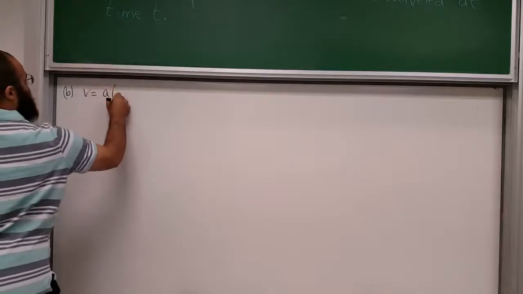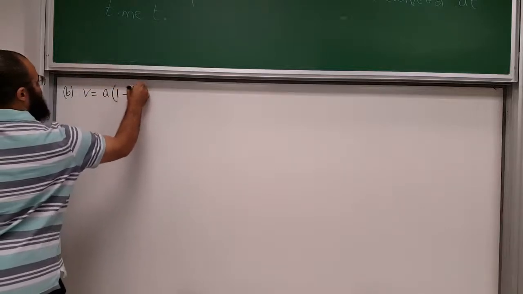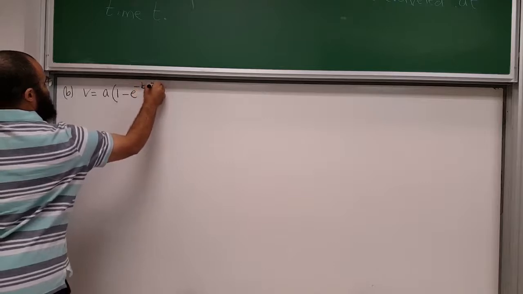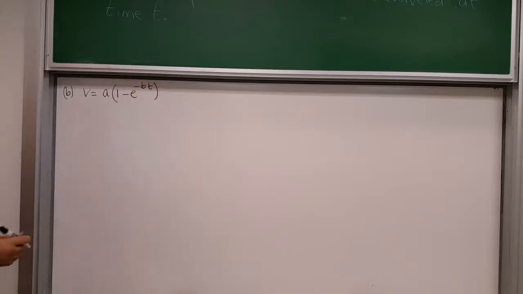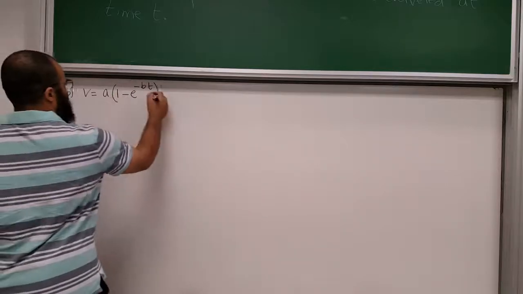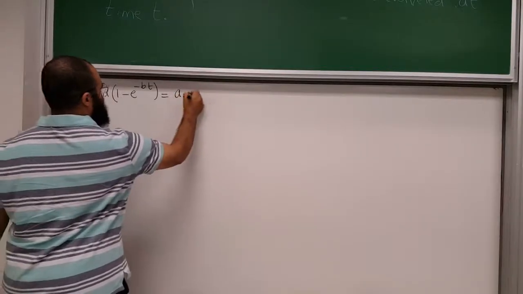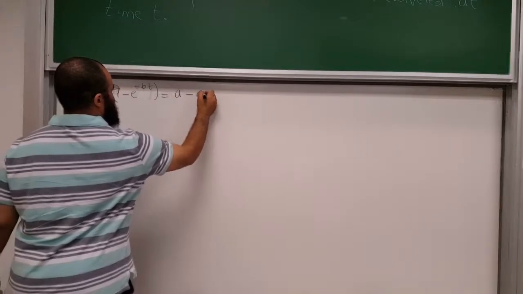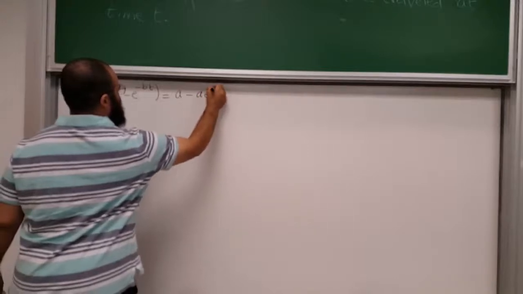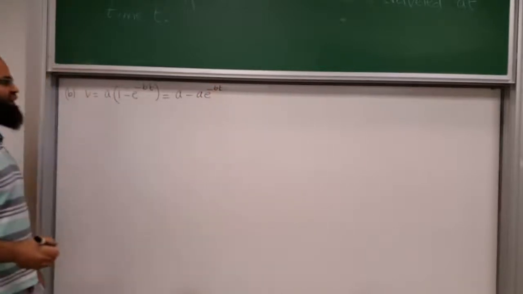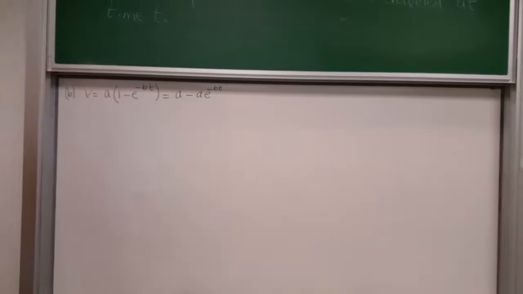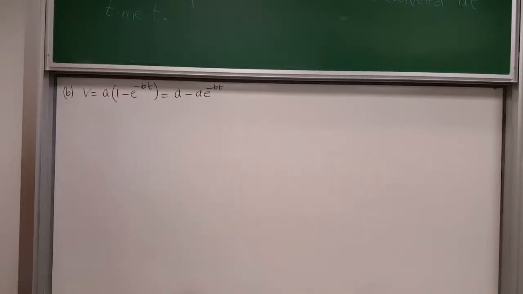V is A times 1 minus e to the minus b times t. Okay, b times t. And I'm going to FOIL this for a reason. You will see it. A times 1 is A, and then minus A e to the minus b times t. That's the velocity as a function of time.